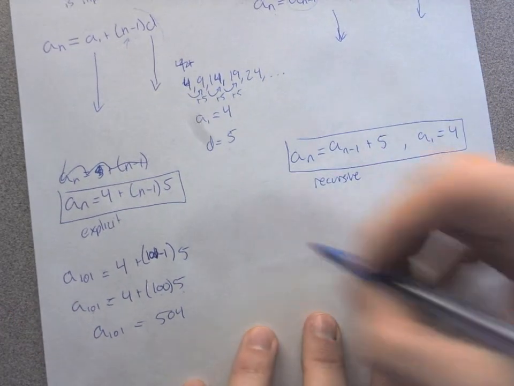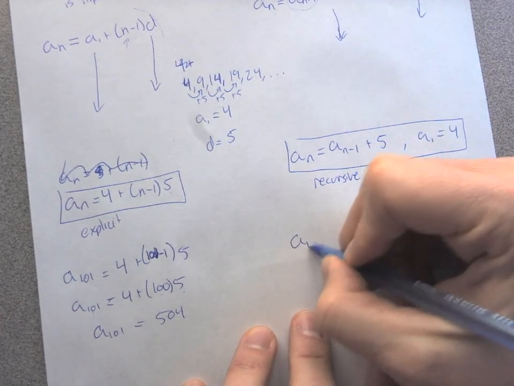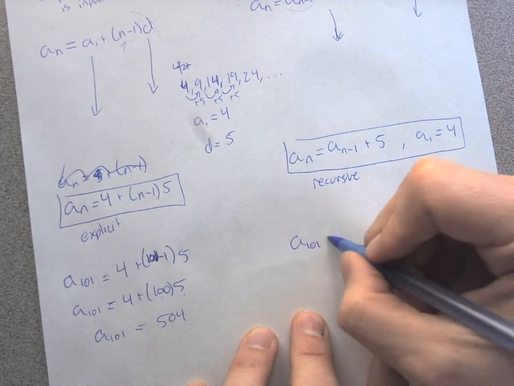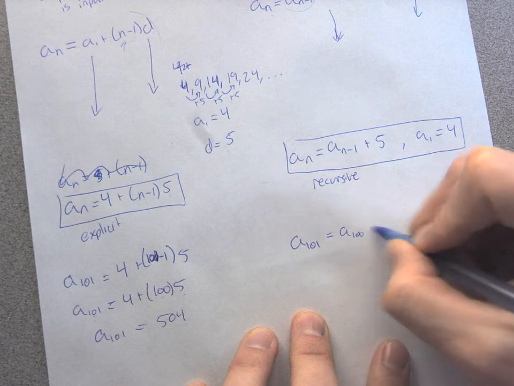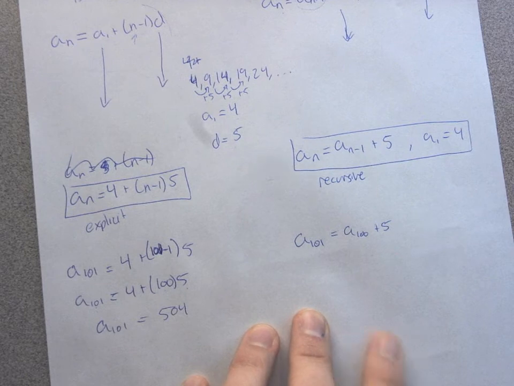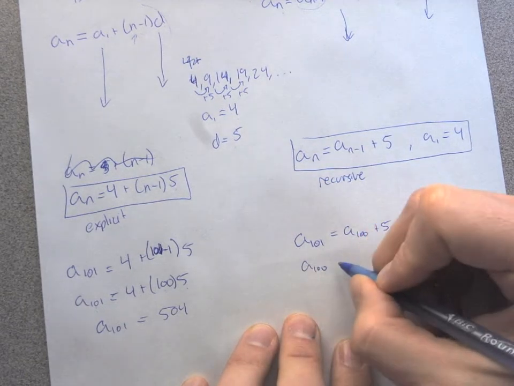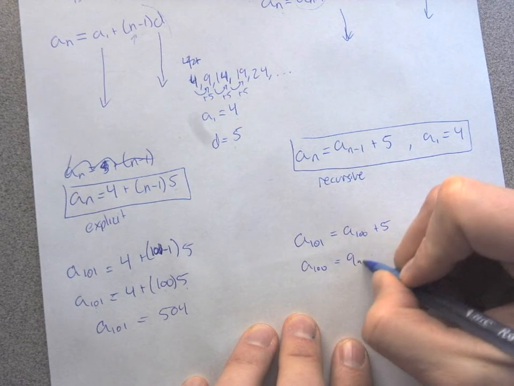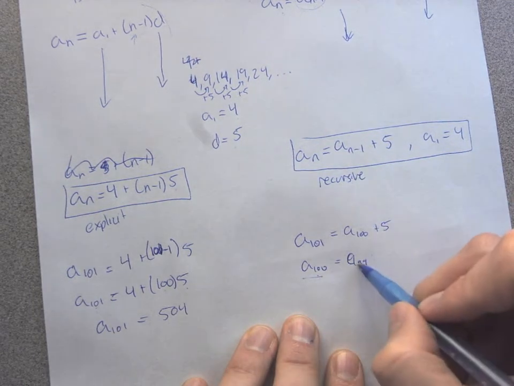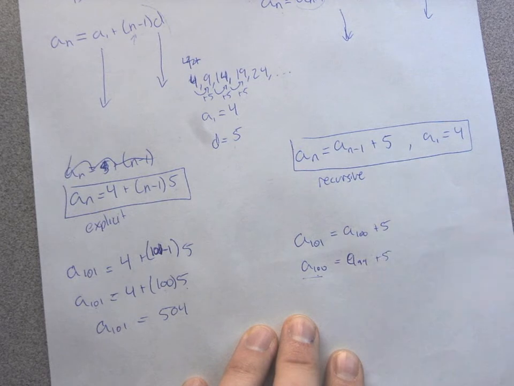Now let's look at the recursive. If I wanted a of 101, what my recursive formula says to do is take a of 100 and add 5 to it. But we don't know what a of 100 is. In order to get a of 100, I'd have to know a of 99. Every time I know a term, I have to know what's in the previous position, and I don't know that in this case.